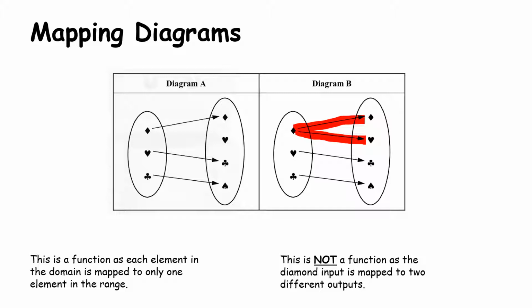If I put the value of 3 into a formula, I shouldn't sometimes get a 1 and sometimes get a 2. I should only get one specific value. So when I sub it in, I should only get one value out. If I don't, then that is not a function. When we're dealing with mapping diagrams, you're looking out that there is only one arrow coming out of each input.